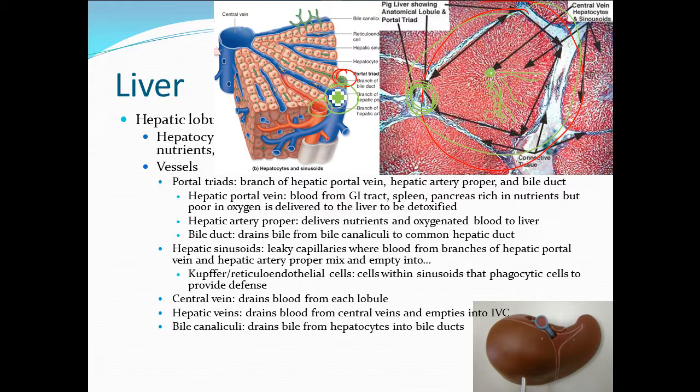So remember how we had to distinguish what's an artery and what's a vein? You'll see that again occurring over here. So you'll need to be able to distinguish what's the hepatic artery proper and what's the hepatic portal venule. Those two you should be able to distinguish.